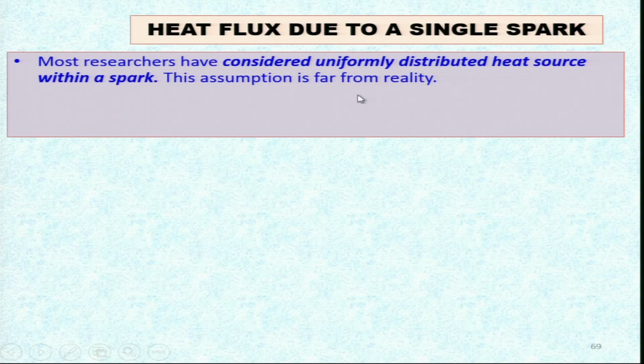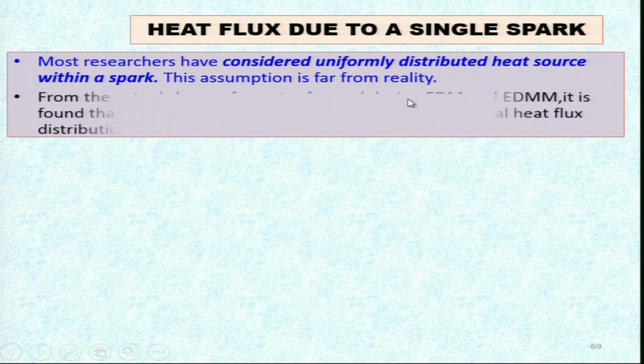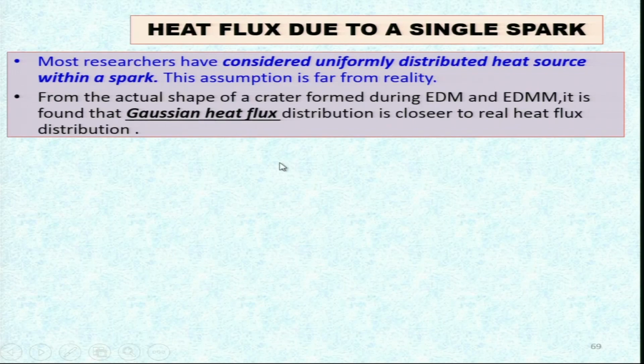This assumption is far from reality, as I have told you. A Gaussian heat source is considered instead. From the actual shape of a crater formed during EDM and EDMM, it is experimentally found that Gaussian heat flux distribution is closer to the real heat flux distribution.